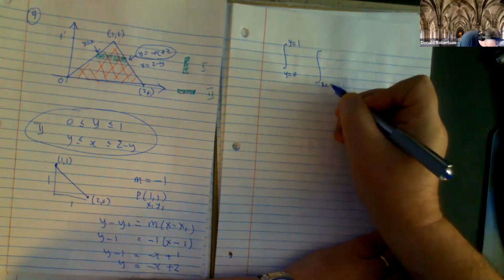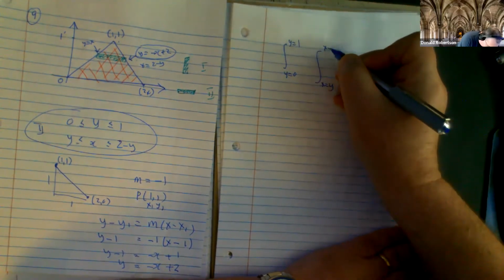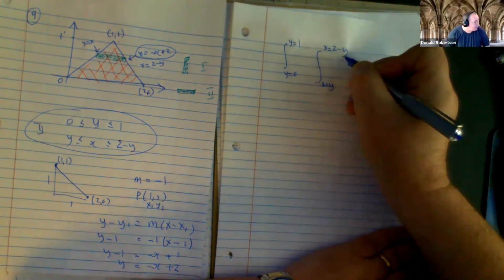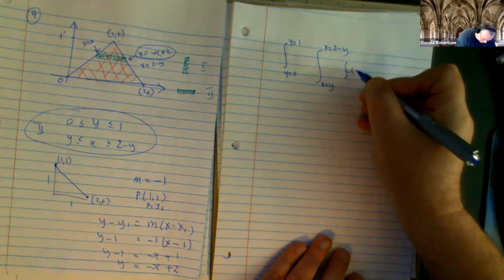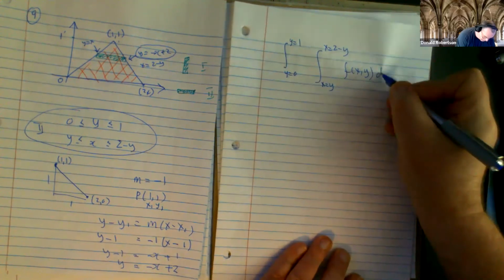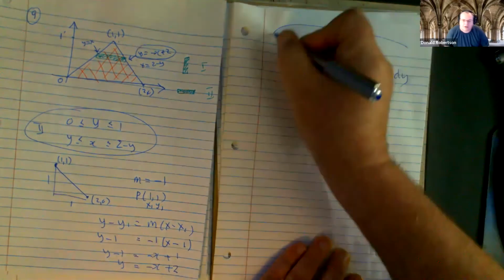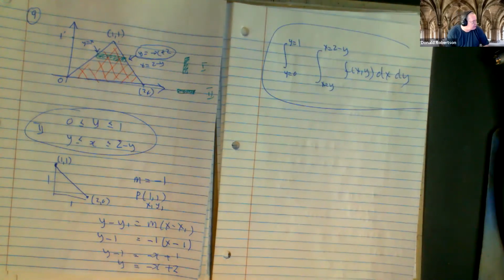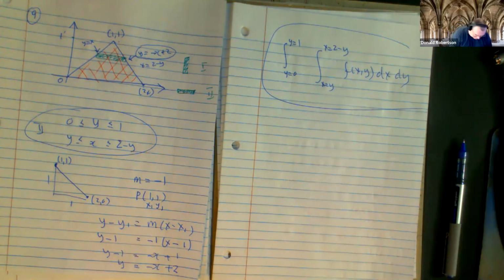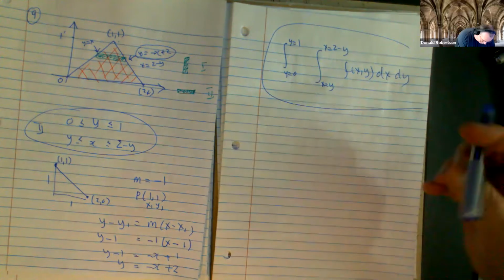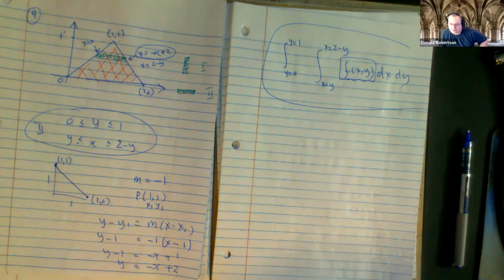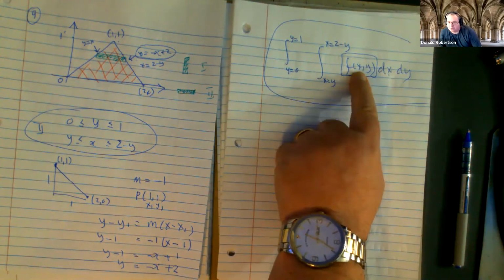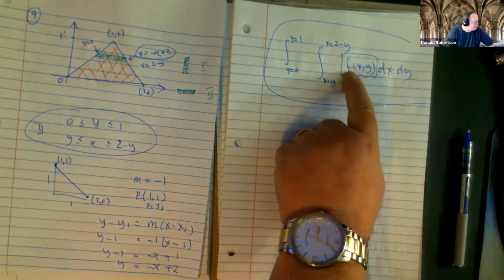X is going to be from x equals y to x equals 2 minus y. And then whatever the function happens to be, and then you do a dx and a dy. That's essentially what the setup would look like. And then you just insert whatever function they tell you f of x, y is in there. So if they tell you it's x cubed y, that's what you put there. If they tell you it's x plus y, that's what you put there.